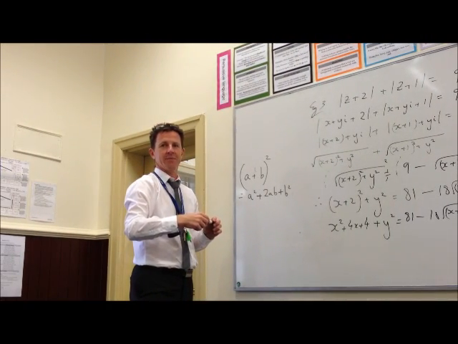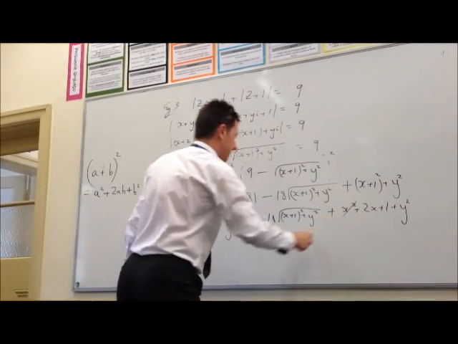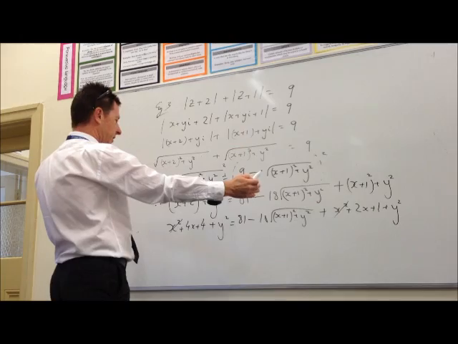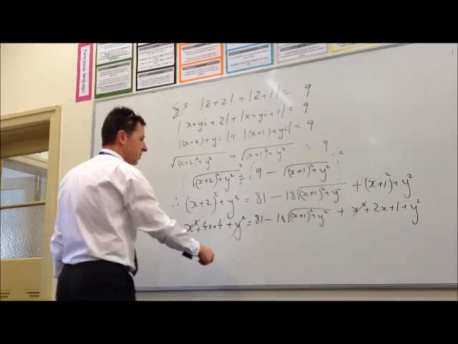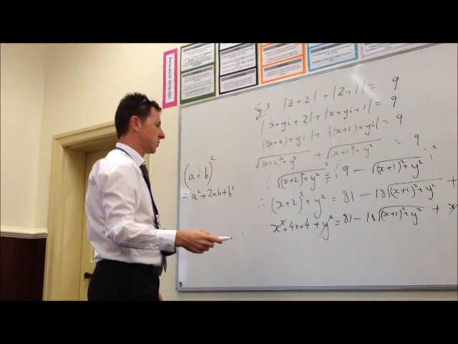Good so far? X squared, they're on both sides of the equals, let's cancel. Y squared, both sides of the equals, cancel.